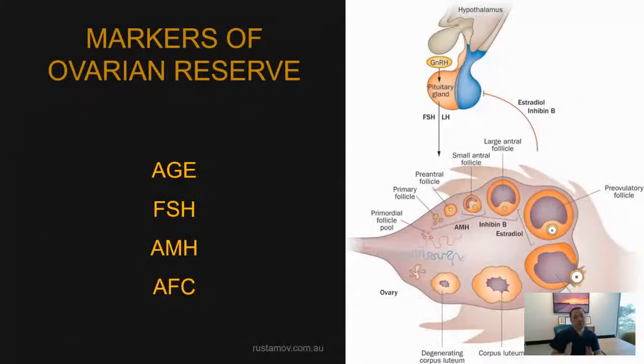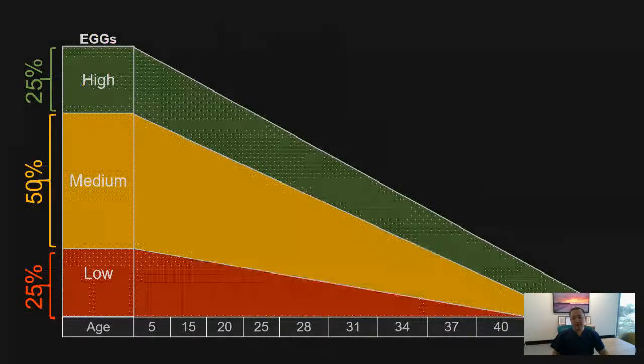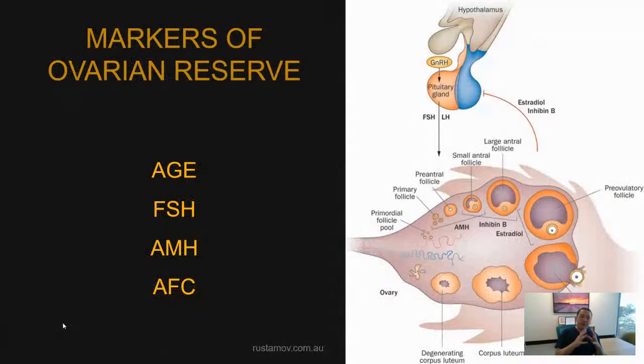So, an individual patient's ovarian reserve we can measure and assess using these 4 markers: age, FSH, AMH, and antral follicle count. Let us cover them one by one. As we discussed in an earlier slide, age determines overall ovarian reserve. However, age is not a very accurate marker, which we will see later on.